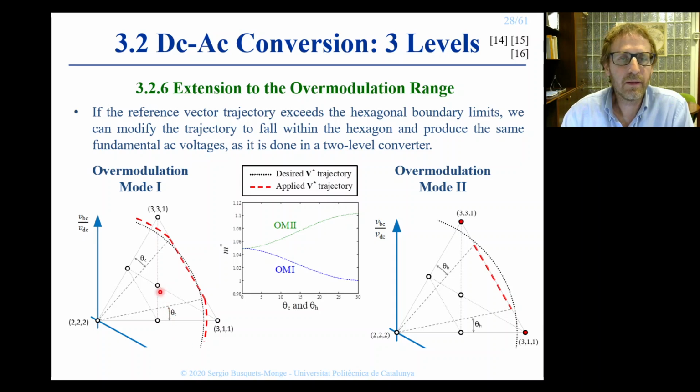As we increase the radius of the reference vector trajectory, as we increase the amplitude of the output AC voltages, the crossover angle goes from 30 degrees to 0.